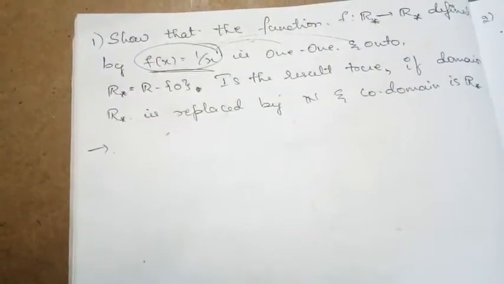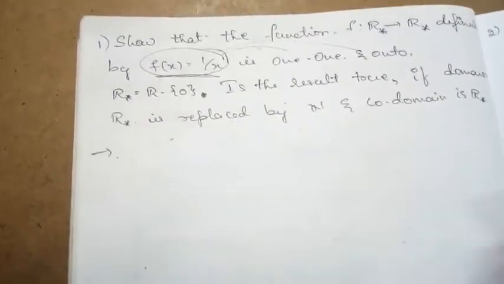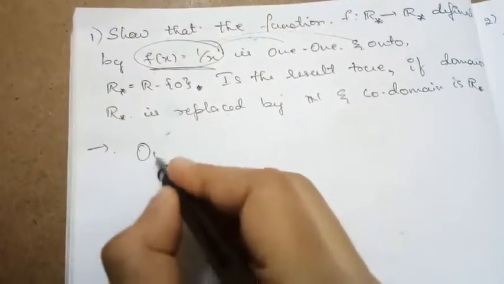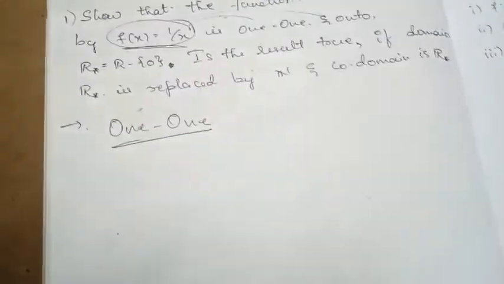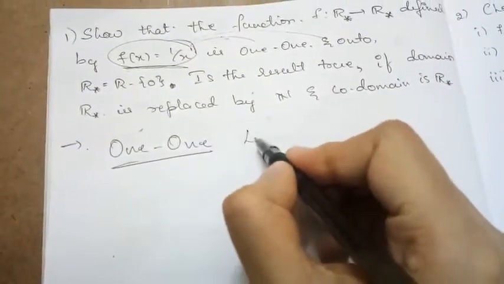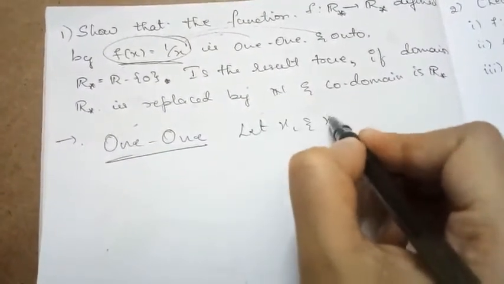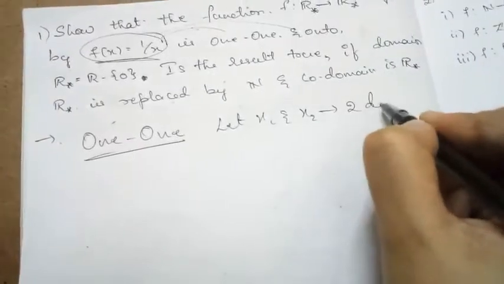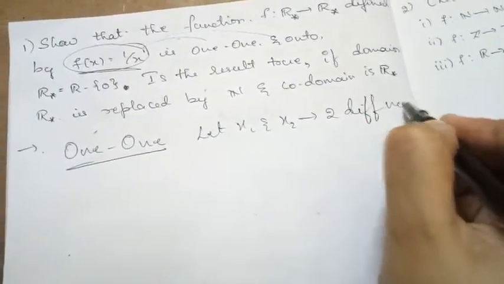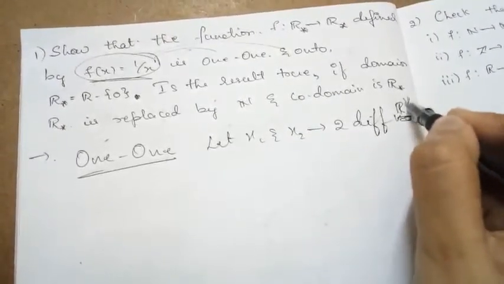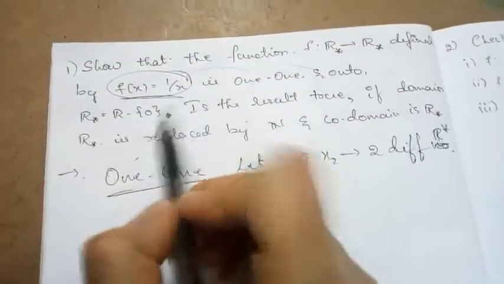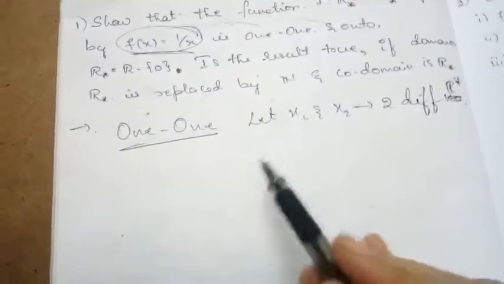Let us see after we prove the first part. First, we need to prove it is a one-one function. How are we going to proceed? As usual, let x1 and x2 be two different real numbers belonging to R star, that is, excluding 0.